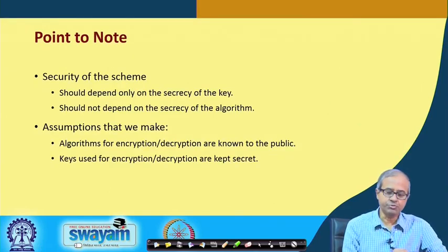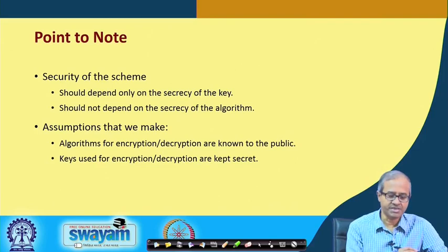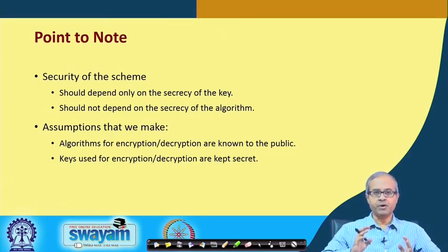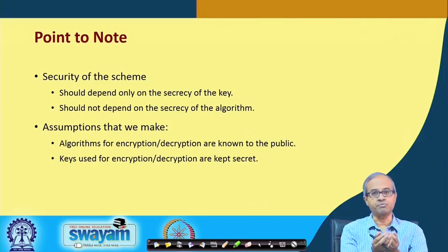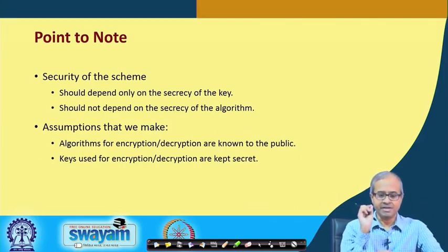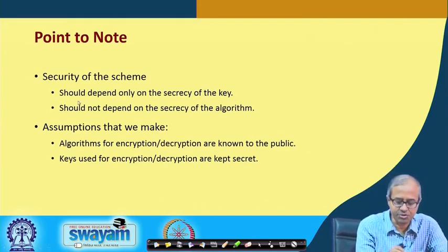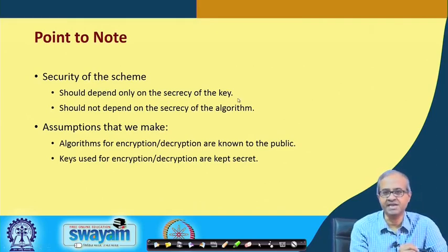So, there are a couple of important points here. First thing is that for this kind of encryption or decryption techniques, it is understood or accepted that your method should be such that the overall security of the scheme must not depend on the secrecy of the algorithm. Let the algorithm be known to everybody. The important point is that the security should only depend on the secrecy of the key.